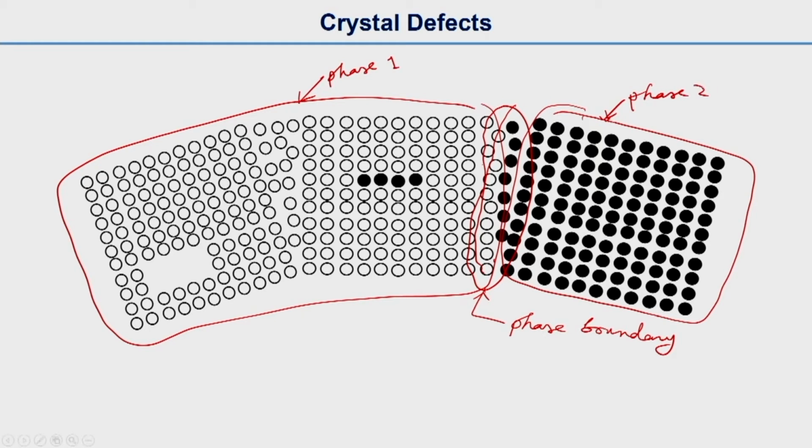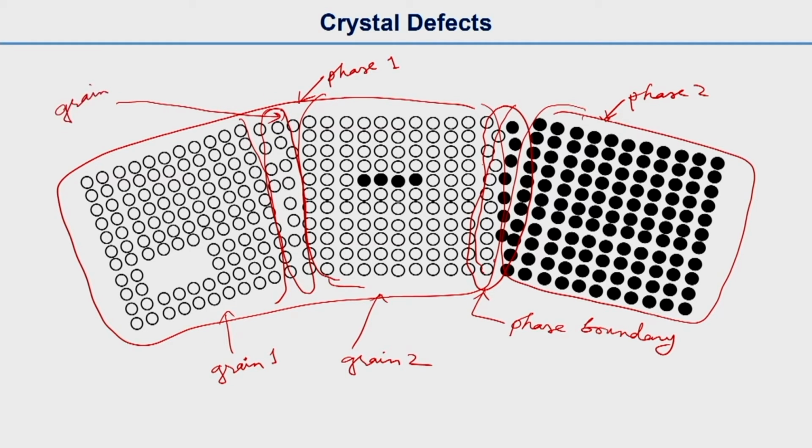Similarly there are 2 grains here actually. In phase 1 we have 2 grains, let us say grain 1 and grain 2. Now this portion which does not have a very regular arrangement of atoms is called a grain boundary.